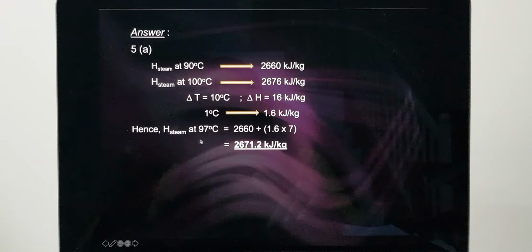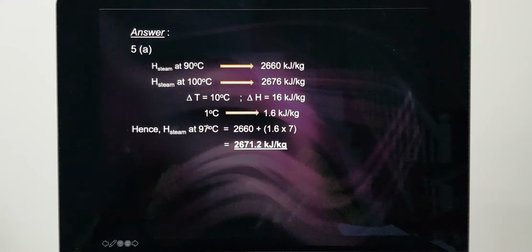Question 97, in the steam table 90. What is the temperature difference between 97 and 90 degrees? 97 minus 90, you will get 7 degrees Celsius. So for 1 degree Celsius, you will have 1.6 kilojoule per kilogram.